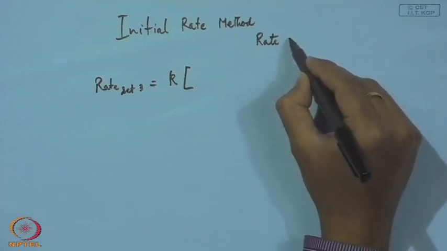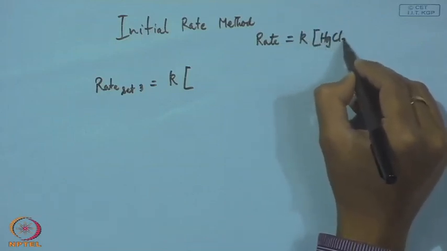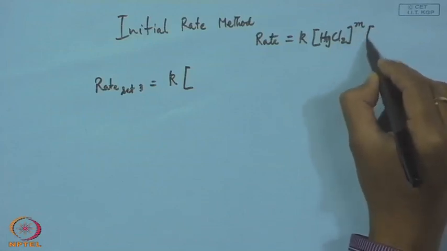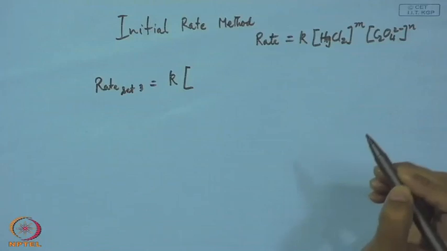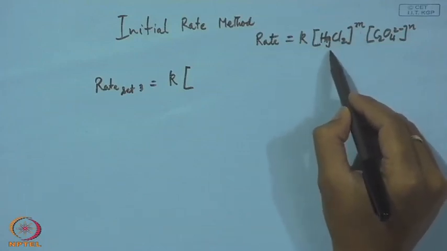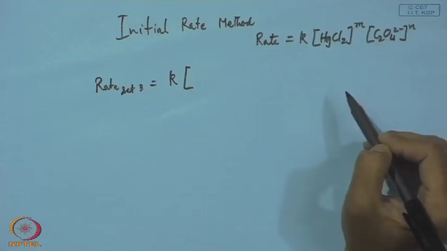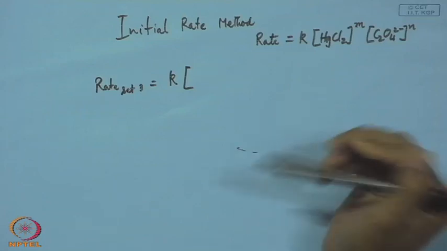So, we have to write it like this: rate is equal to K into [HgCl2] to the power m and [C2O4 2-] to the power n. So, that means the reaction is mth order with respect to mercuric chloride and nth order with respect to oxalate. Okay. So, let us use set 3.